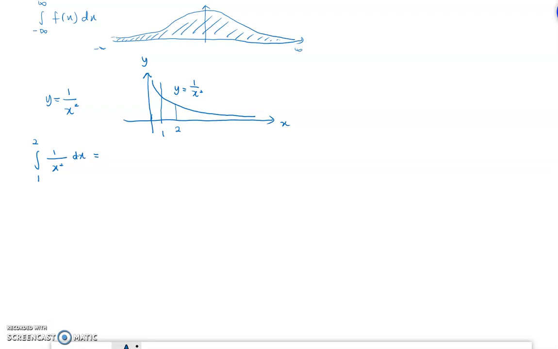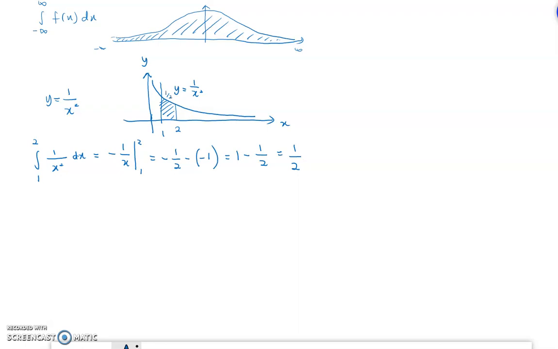We get negative 1 over x from 1 to 2, which is negative 1 over 2 minus negative 1, or 1 minus 1 over 2. So the area is 1 over 2.